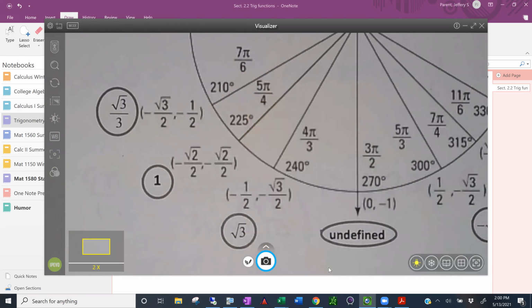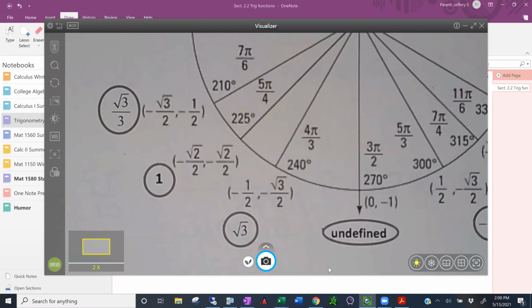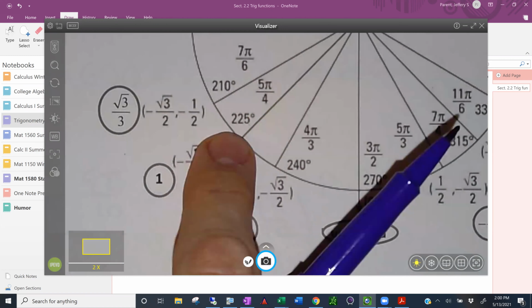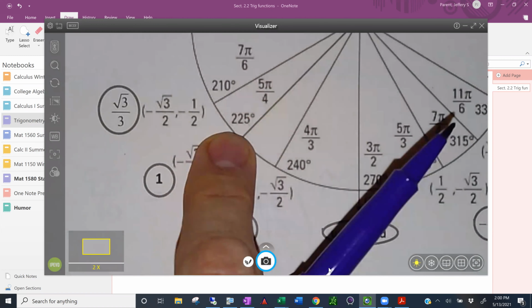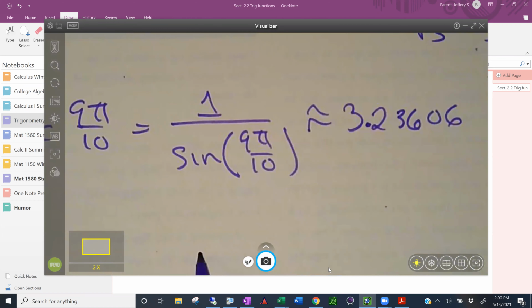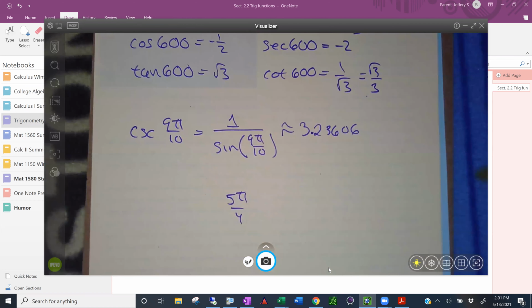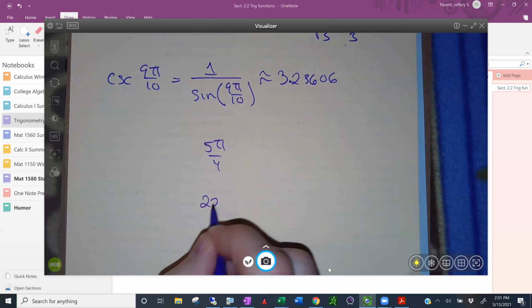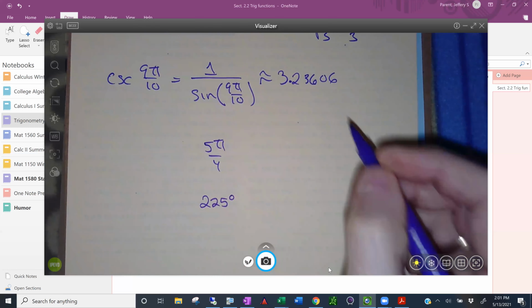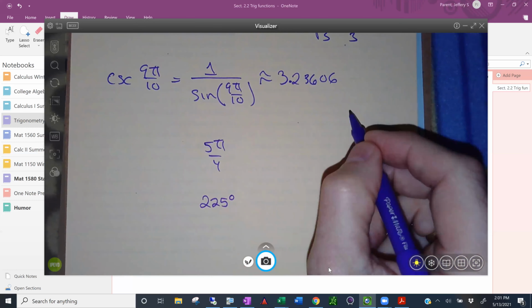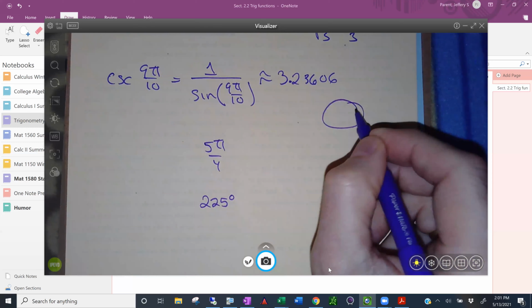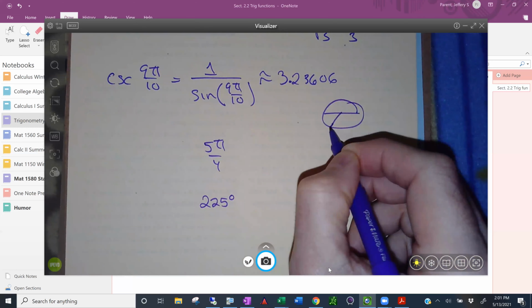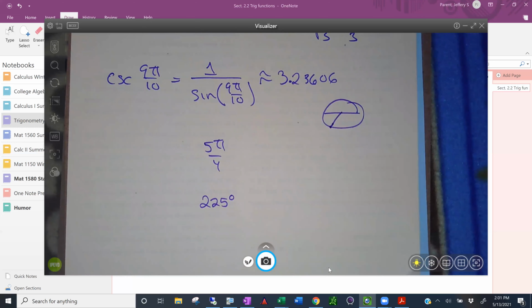That's in radians. Now, I'll do this a couple different ways. Let's first think of it in degrees. So 5 pi over 4, that's our angle in radians. It's 225 degrees. Here's my unit circle, and 5 pi over 4 is here.